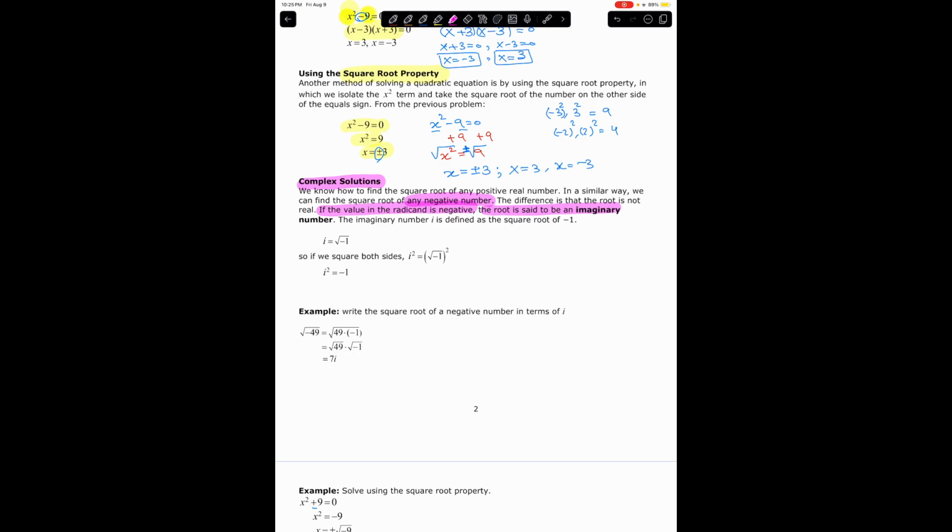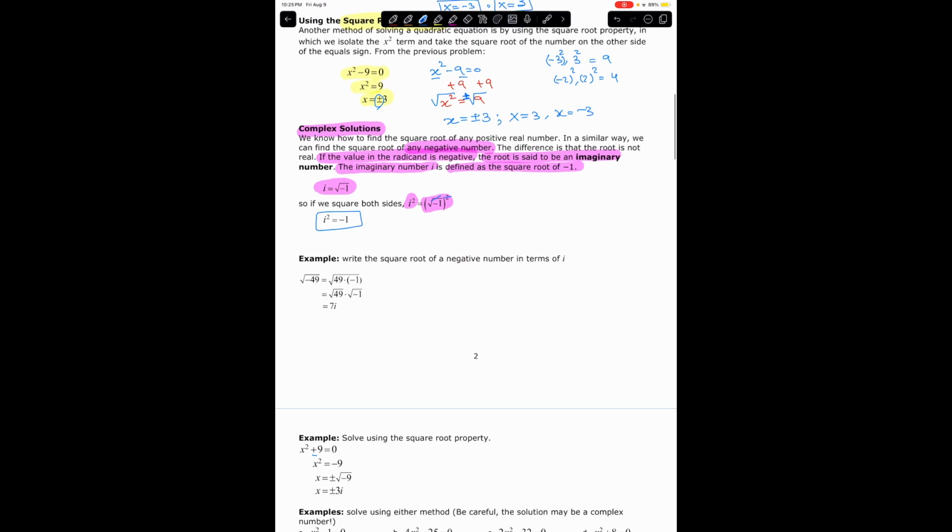They gave it the name i, the imaginary number i, and they defined it as the square root of negative 1. So i is equal to the square root of negative 1. If you square i, the square cancels the square root, and you end up with i squared equal to negative 1. Now you're going to ask me, how are we going to benefit from that?